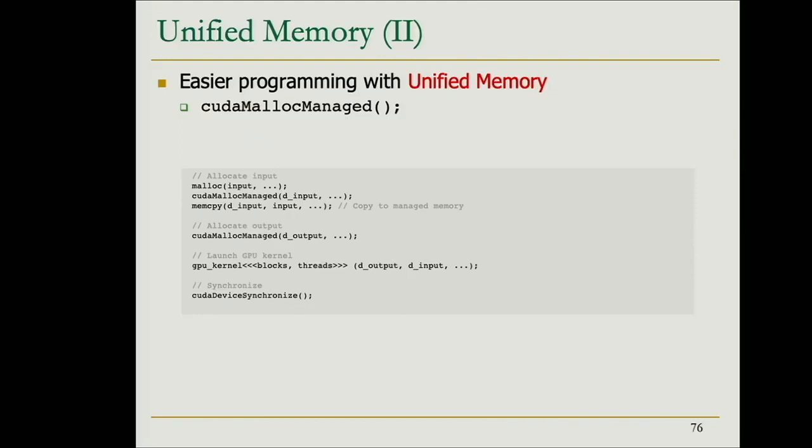Observe that the API name changed a little bit. This cudaMallocManaged allocates in both places at the same time for you. That's why we are using simply a memcpy here and not an actual cudaMemcpy. There is no explicit transfer between the CPU and the GPU memory.